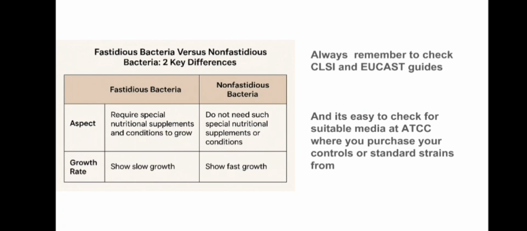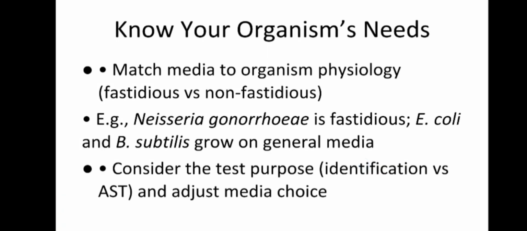The place where you purchase provides control strains and certain pathogenic strains from a certain region. While you purchase, they give information on the suitable media for that organism, for Staph aureus and all kinds of bacteria. So you can refer there too.